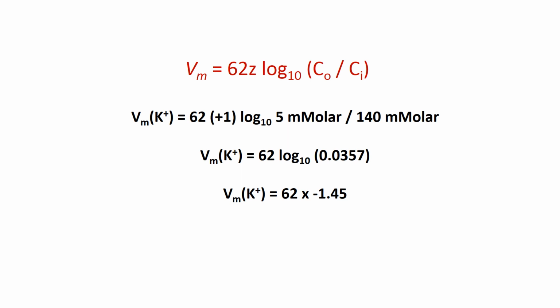We simply do that multiplication and the product of 62 and negative 1.45 is negative 89.7. Since the Nernst equation calculates the voltage across the membrane in millivolts, our equilibrium potential for potassium, using the physiologic concentrations provided in your textbook, is negative 89.7 millivolts.